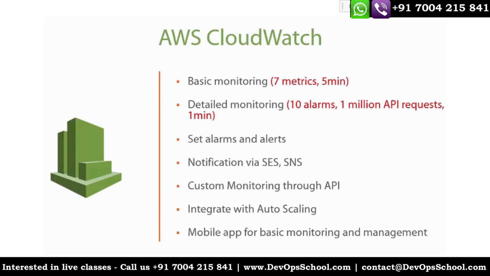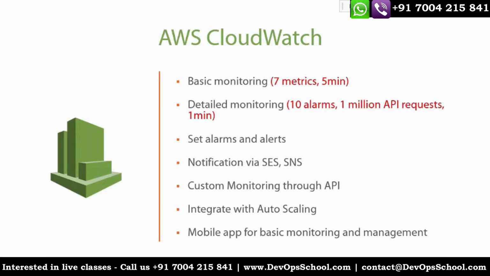But at a high level, let's say there are thousands of services in AWS. Now the question is, how do we monitor them? To monitor those services, we have one dedicated service called CloudWatch. I will use that to monitor many services.